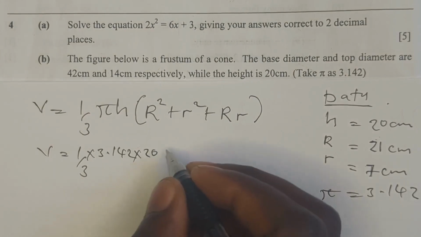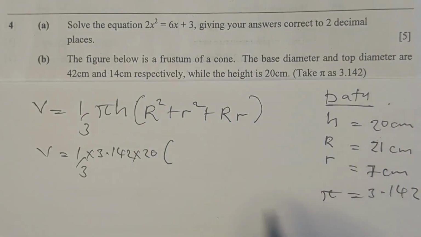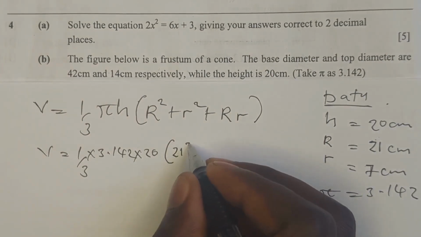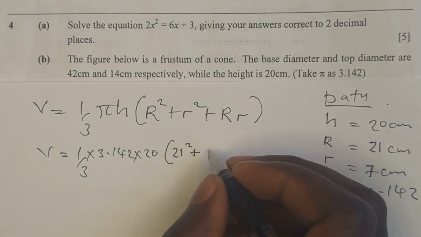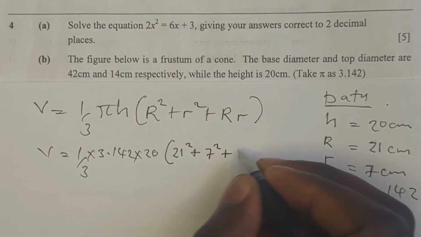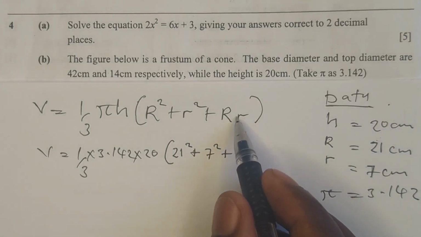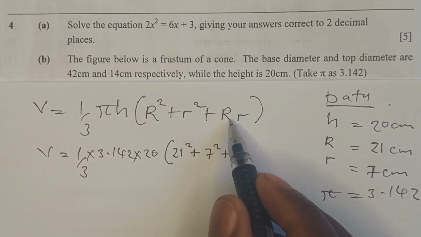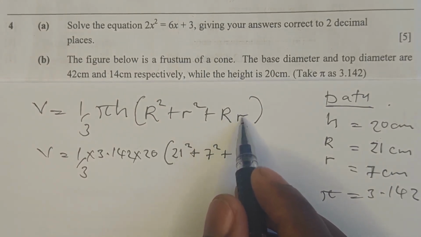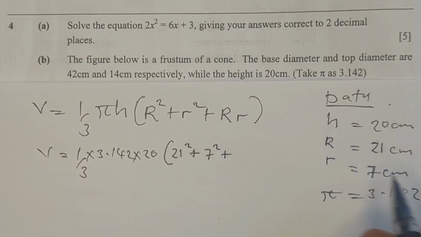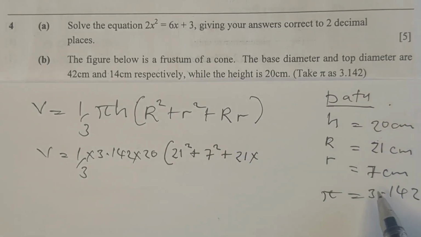So multiplied by 20, open brackets, capital letter R, that is 21, so we square this 21, plus small letter r, that is 7, we square it, plus capital letter R multiplied by small letter r. When it is arranged like this, it means that we are multiplying the radius of the big base, that is 21, by the radius of the small base, that is 7.